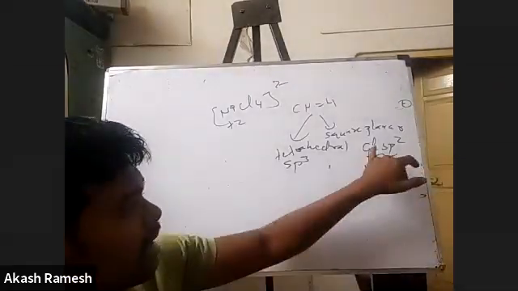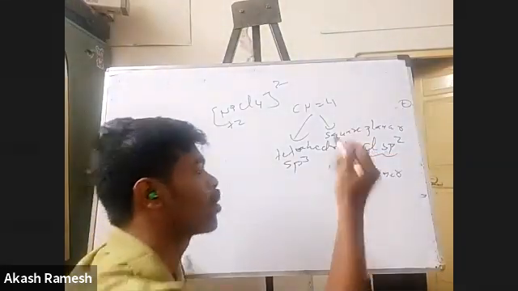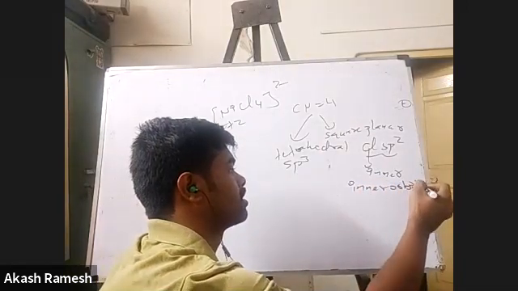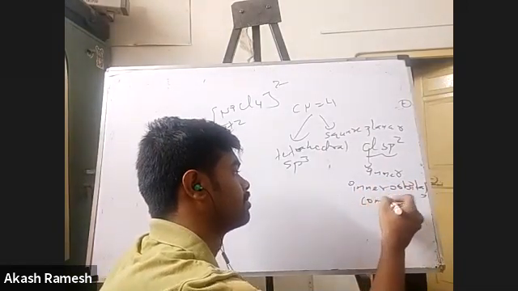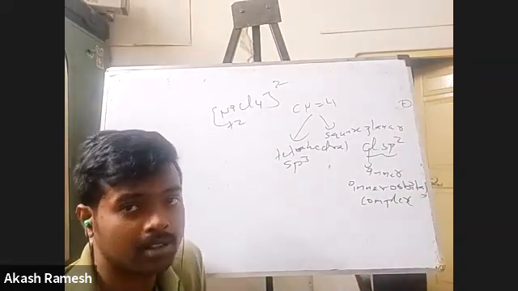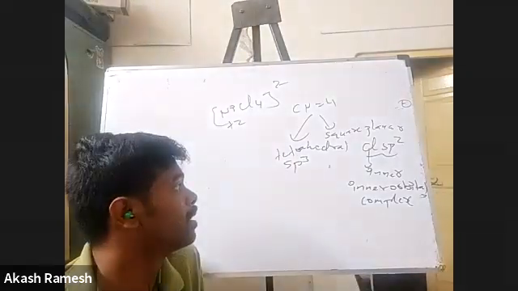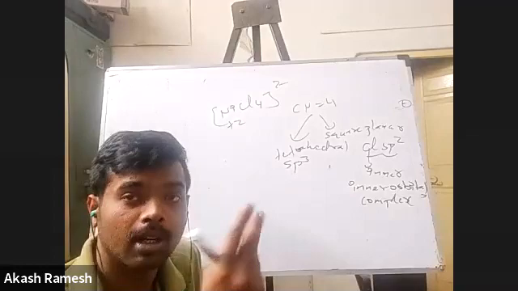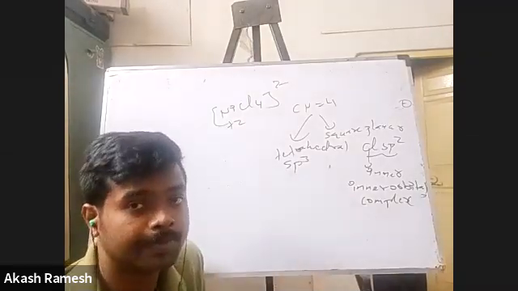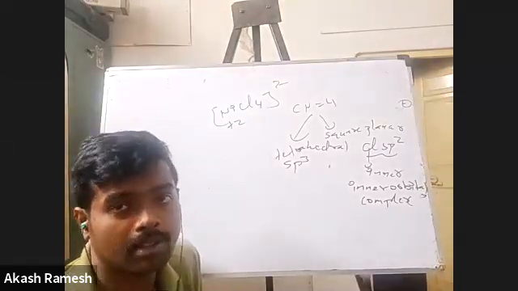Since square planar uses an inner d orbital, these are also called inner orbital complexes. And obviously tetrahedral complexes are called outer orbital complexes, because they only use the valence shell s and valence p.